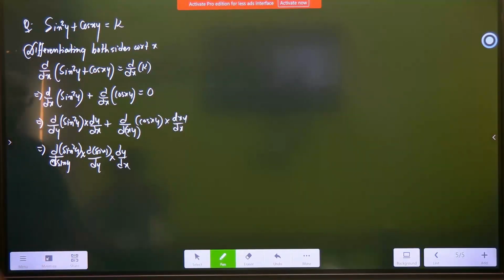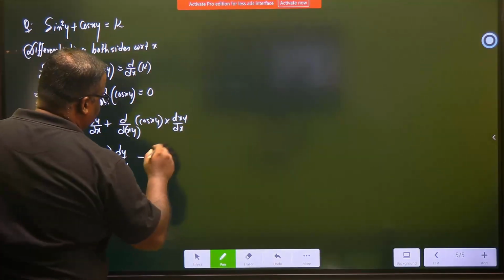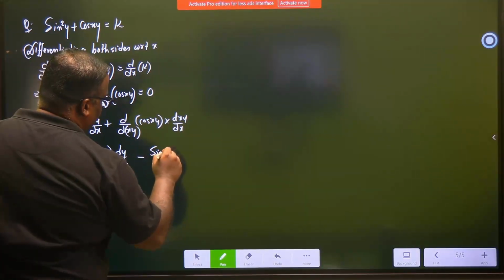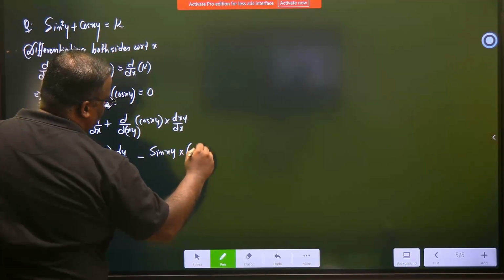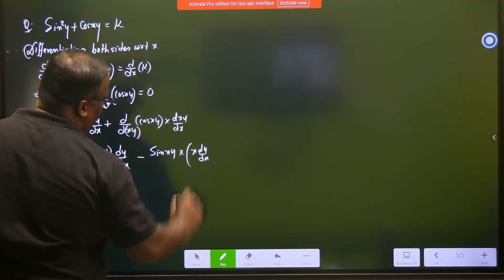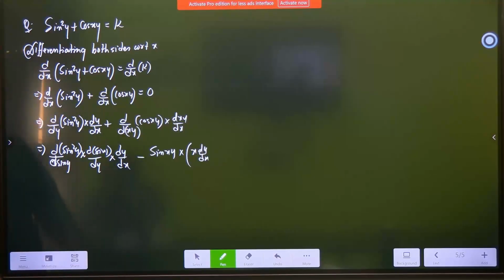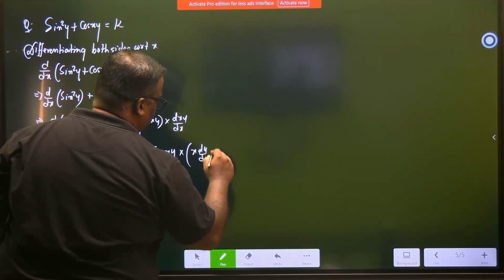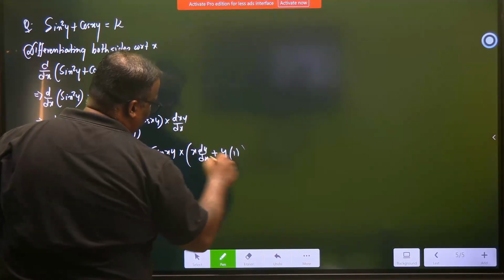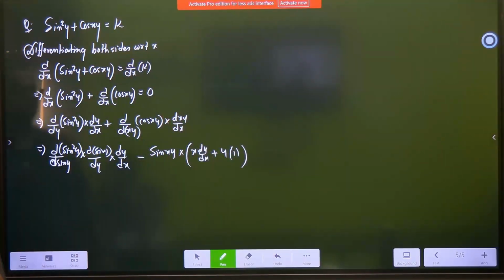Okay. This will give you minus sin xy into dy by dx. Okay. And plus y into 1. Here also we made a mistake. We didn't multiply that.